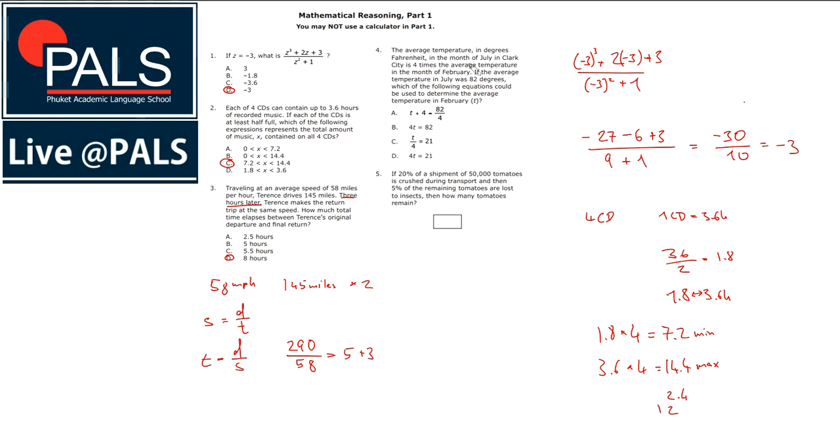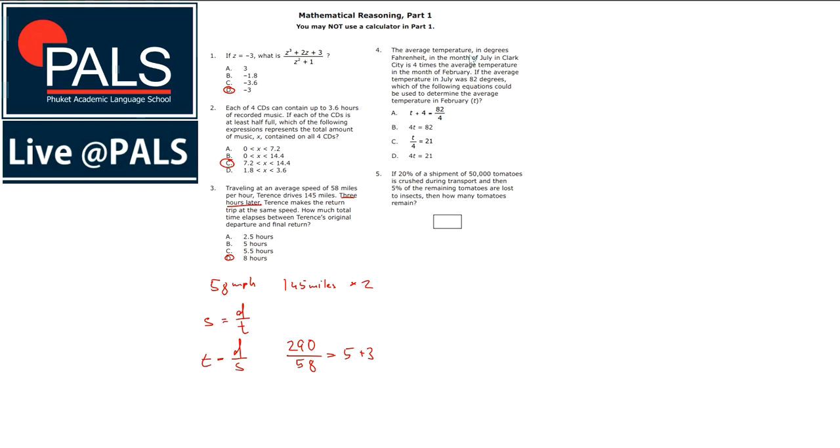The average temperature in degrees Fahrenheit in the month of July in Clark City is 4 times the average temperature in the month of February.